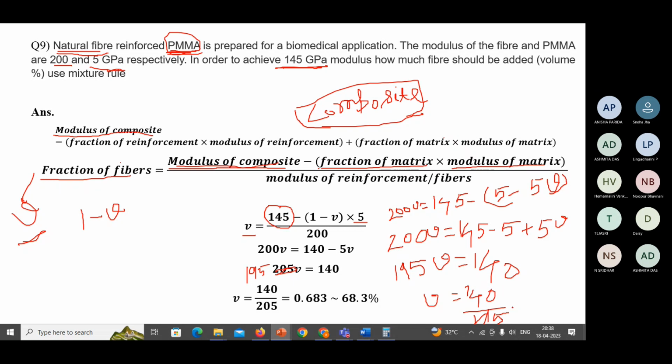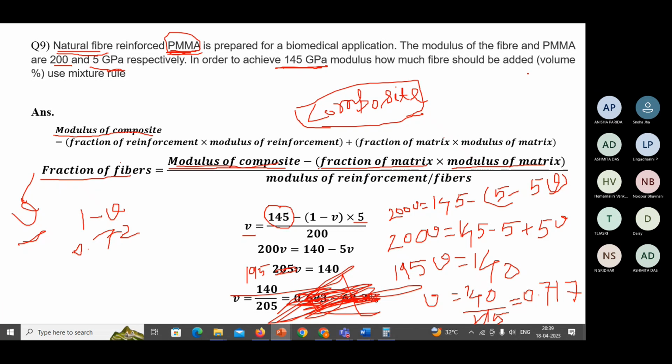The value comes as 0.7177. So approximately we can say 0.72.